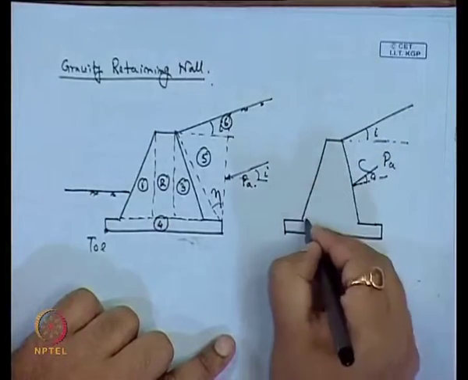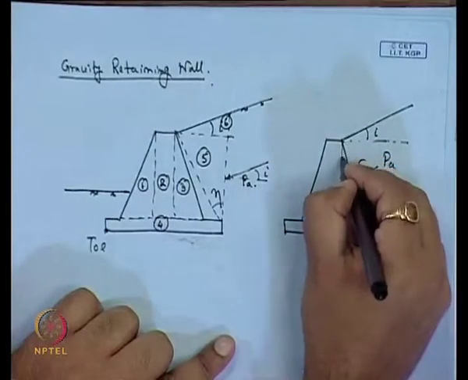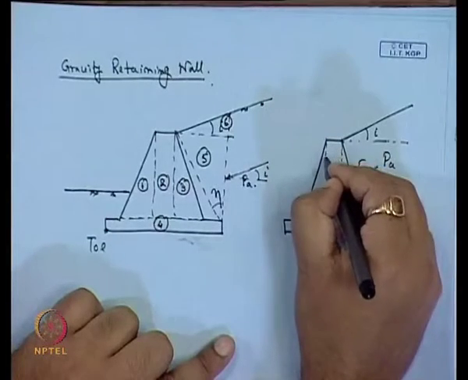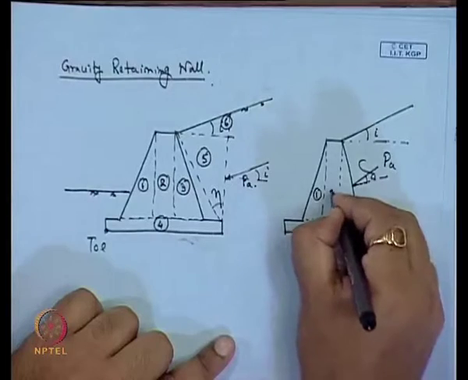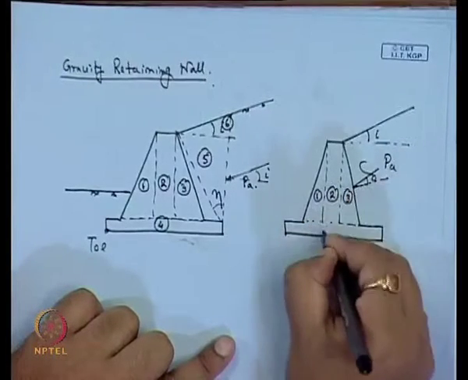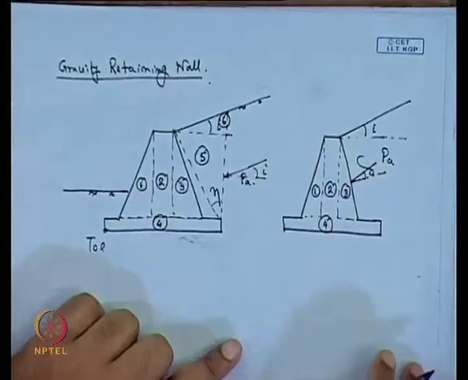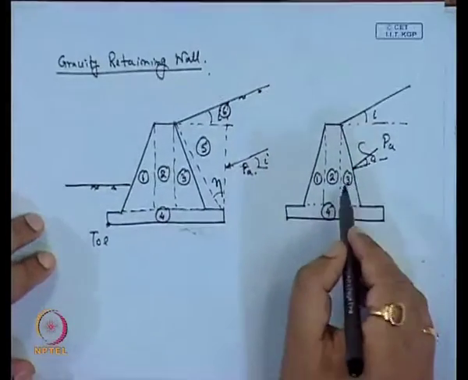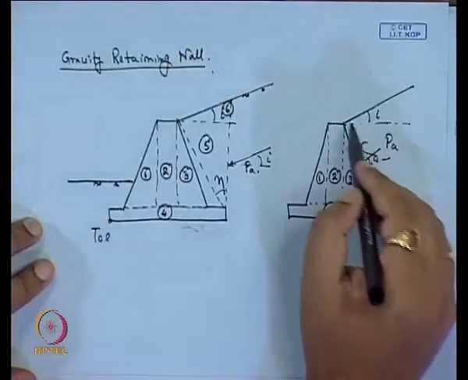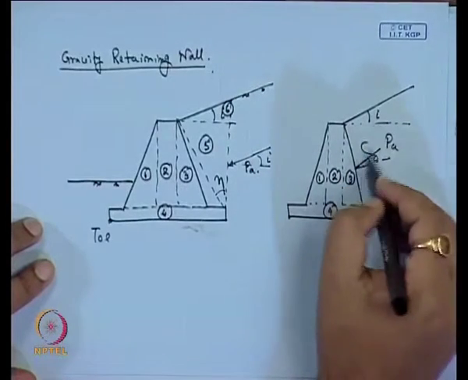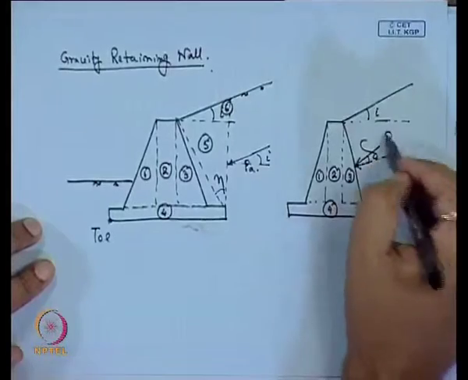So, again we can take the different segments, this is say 1, 2, 3, 4. But here we will take the weight of the 4 sections, only these concrete blocks, and then we will not consider the weight of this soil for this analysis.